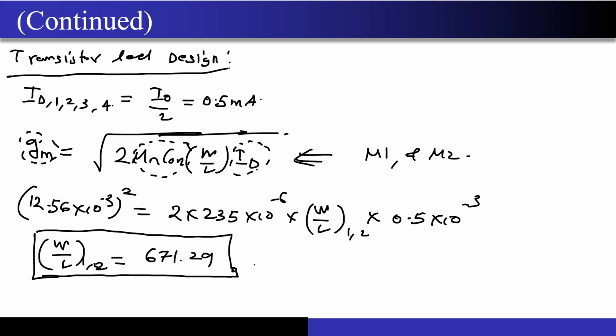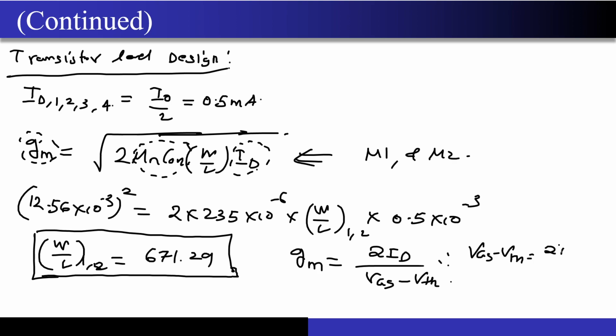Now once I know this, I would like to calculate the VGS minus VTH of this transistor as well. I know gm is nothing but 2ID upon VGS minus VTH. So VGS minus VTH is 2 times ID by gm.